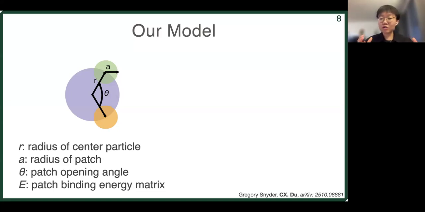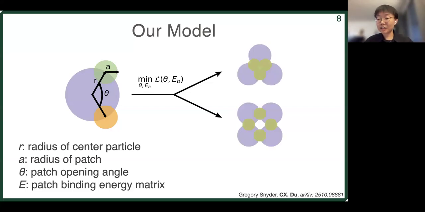Here our goal is to assemble a finite cluster. The two clusters we're going to look at are a triangle and a square. In this model, you can see that in order to form a self-limiting or self-closing structure, we need to favor the green patch and the orange patch binding to each other, and reduce the interactions between the green patch and itself.